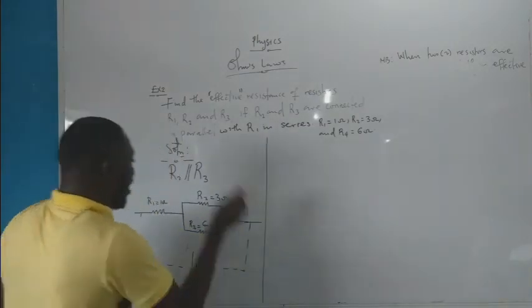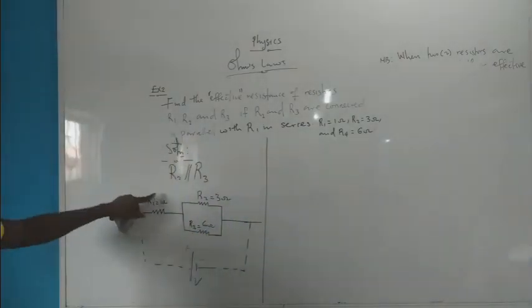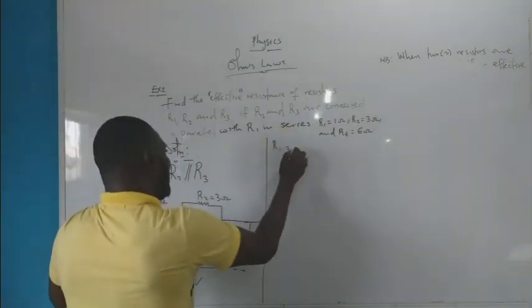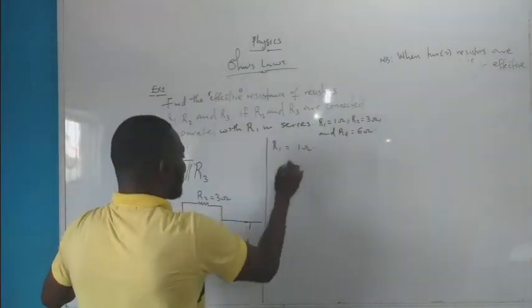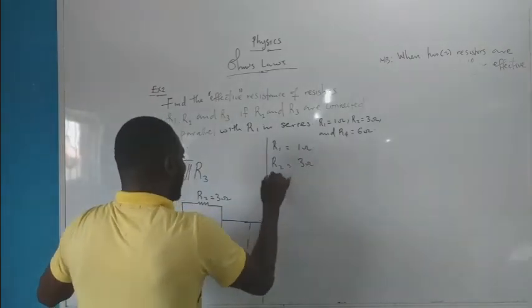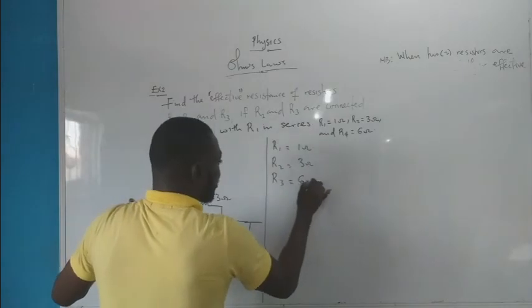Now, in series and parallel, we have R1 to be 1 ohm, R2 equals 3 ohms, R3 equals 6 ohms.